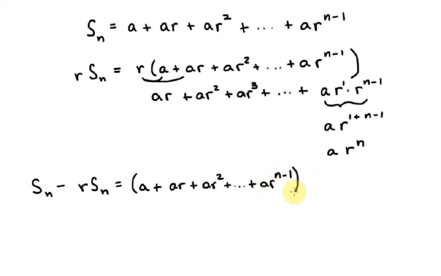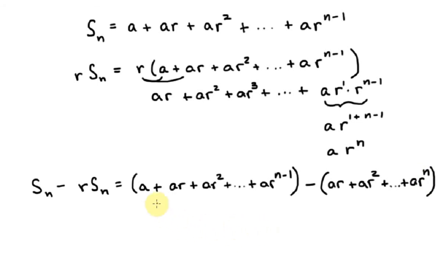So there's my top terms, and then I'm going to subtract all the terms on the bottom. So there's an ar, then an ar squared. Now I'm going to run out of room, so I'm just going to go dot, dot, dot. And then the last one here is the ar to the n. Okay, so that's what I'm doing here.